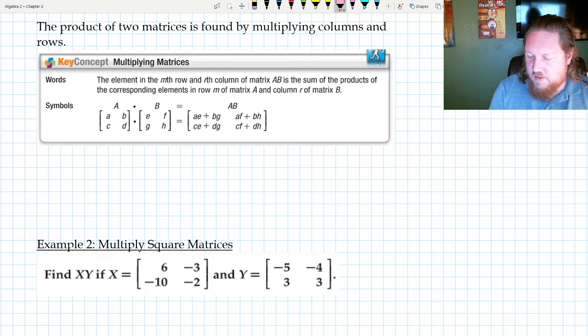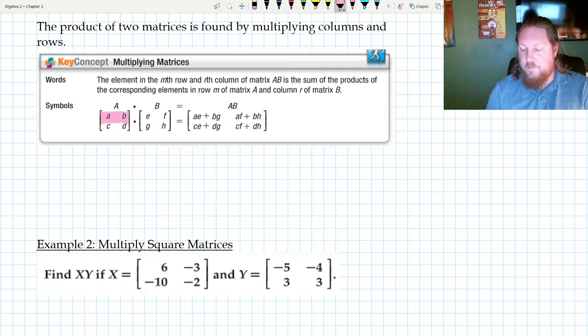For example, here you can see in matrix A, the first row is A and B, and the first column for B is E and G. So the very first element of the first row is multiplied by the element of the first column, and you can see that is AE.